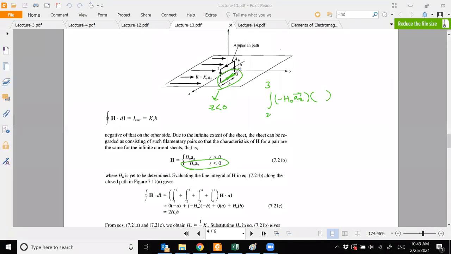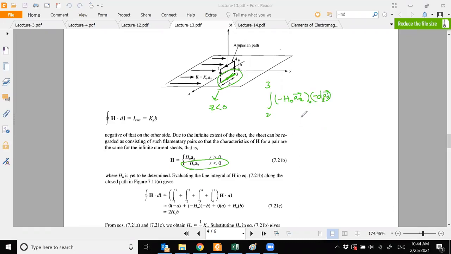So this is which axis direction? The x-axis direction. But we are going opposite, so that's why it is minus dx ax.